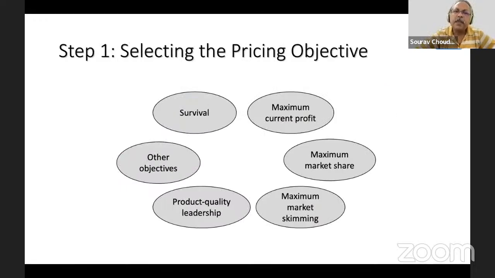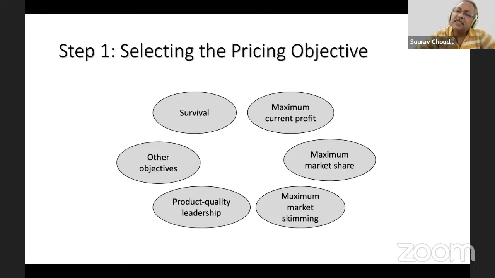Okay, so selecting the pricing objective, the first one. Okay, the first one is maximizing current profit. This is my objective. And when can I do it? When can I maximize my current profit? When I do not have competitors in the market. And this is something like, even if I have competitor, what is the maximum price that I can sell and consumers are going to accept it?